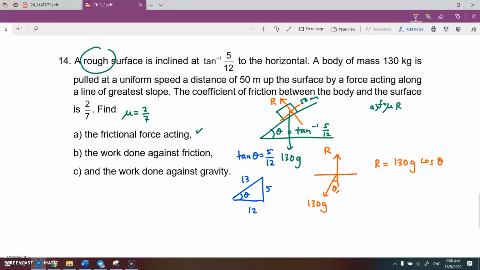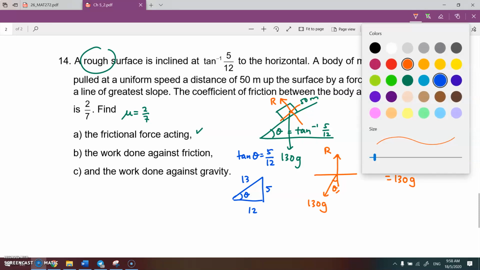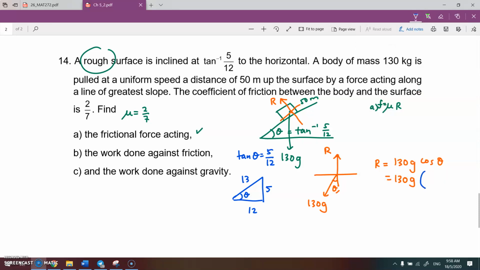Cos theta is CAH, adjacent over hypotenuse.